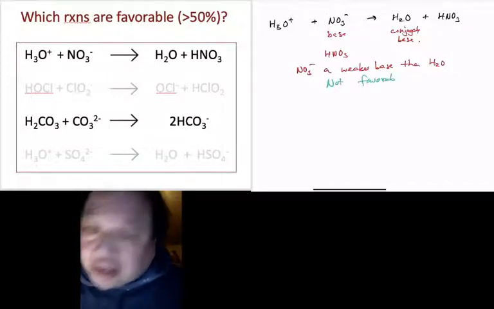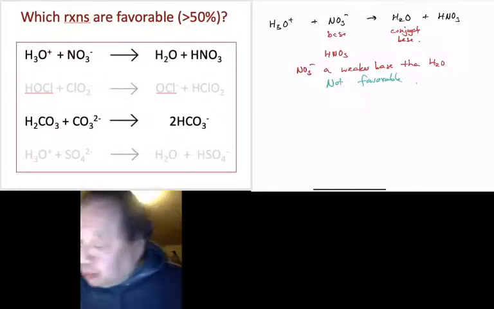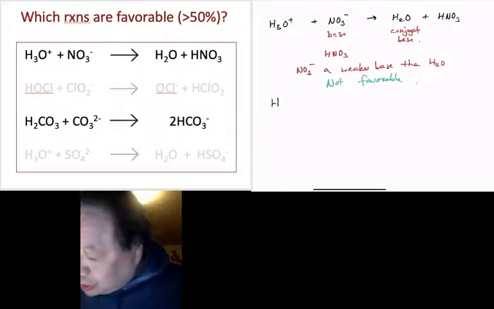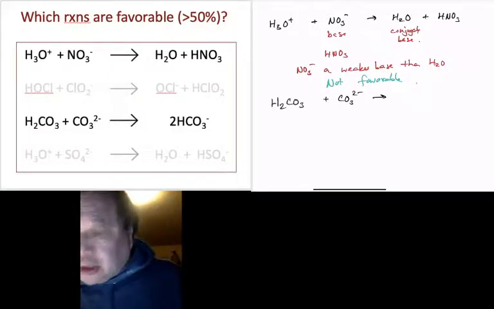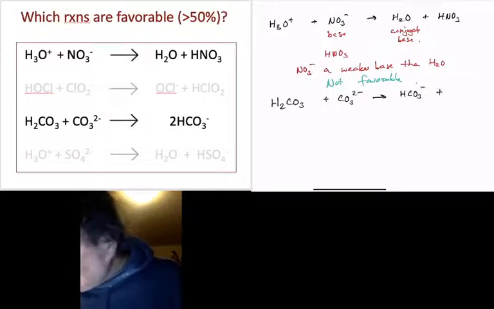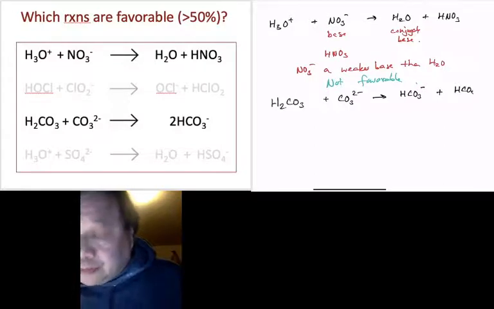Just one last acid-base chemistry problem, which is this one here. H2CO3 plus CO3 2 minus, and I'm going to rewrite it slightly, going to HCO3 minus plus HCO3 minus.